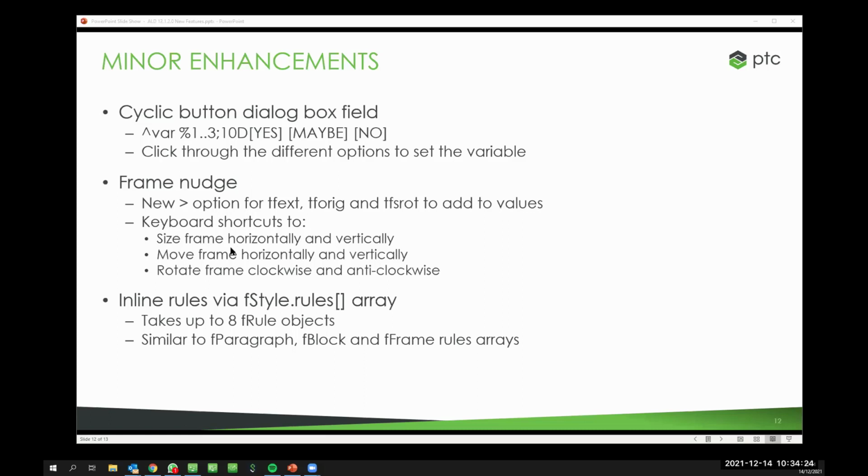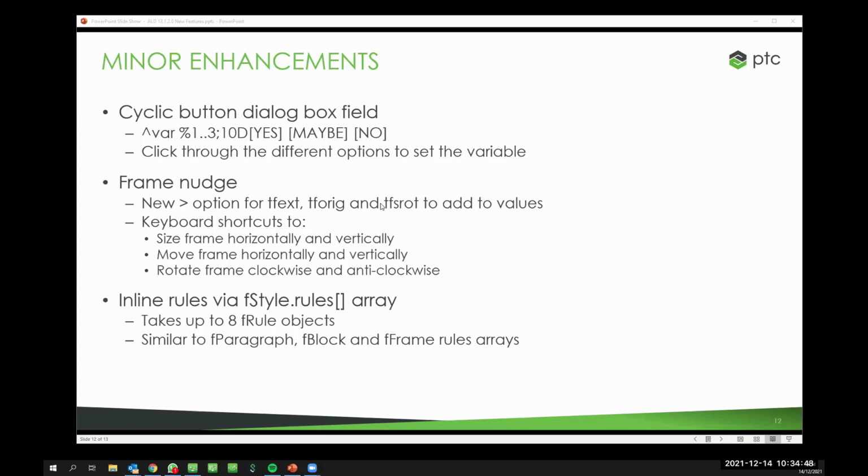This idea of frame nudge allows you to use these properties, these macros, and add a value to each of the frame size, frame position, and frame rotation, such that you can just increase it by 1 millimeter or 1 point or whatever the current unit is.